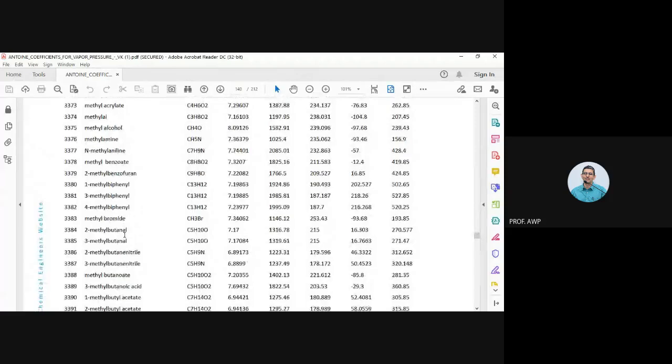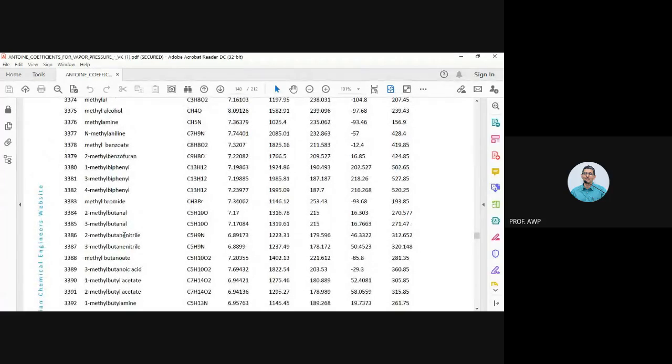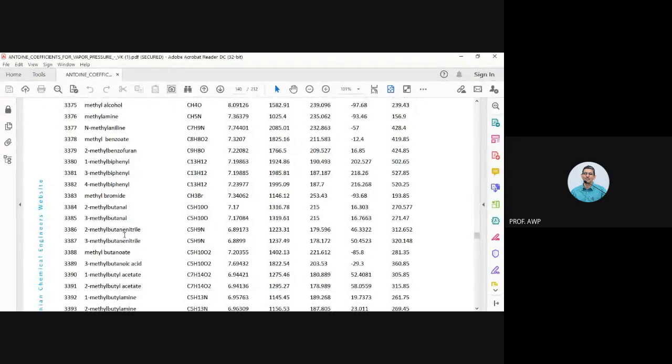So this is something that you have to get used to. Don't think it is a JEE exam where everything will be given to you and you just have to plug in the formulae and get the answer. Finding the information is an equally important aspect of our functioning in this profession.